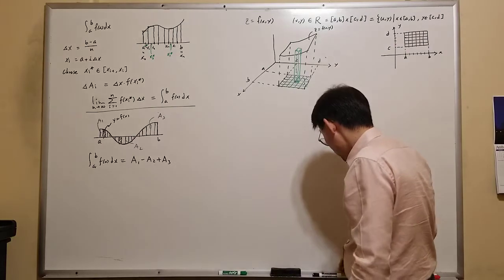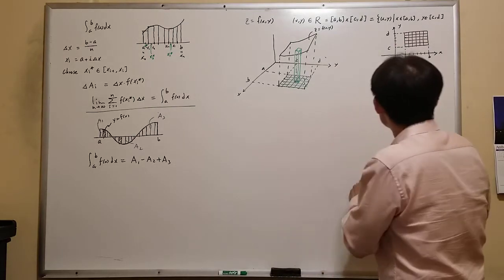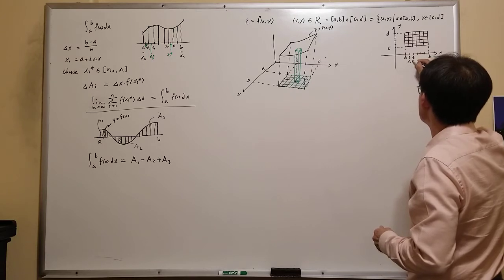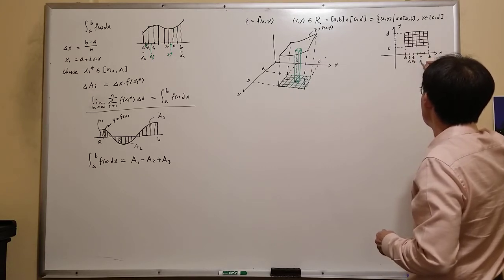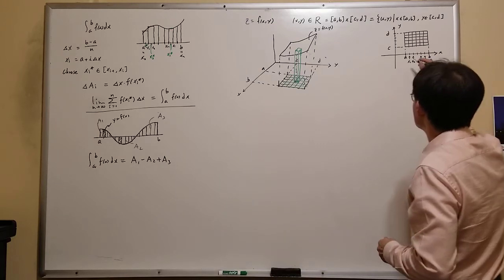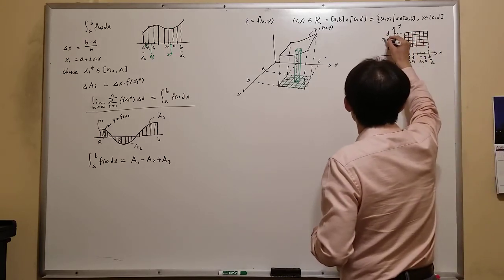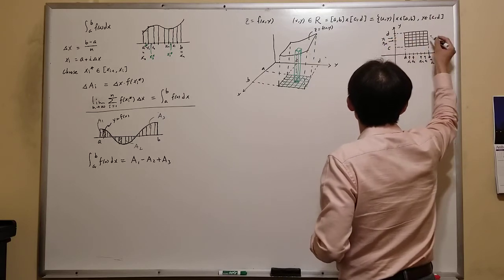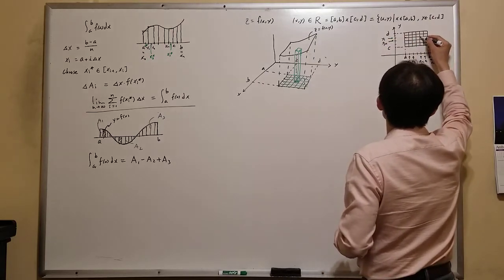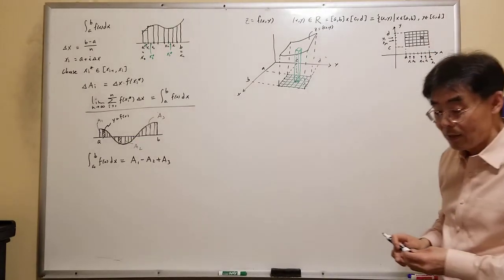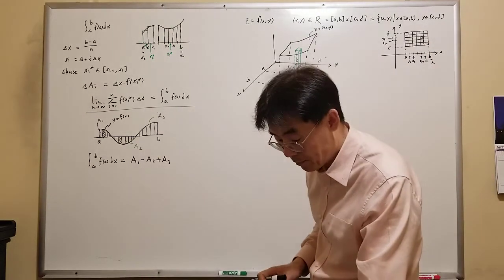So what we do here is, this is x1, x2. Let's say this is x i minus 1, this is x i, this is x n. Let's say this is y j minus 1. So this will be the ijth subrectangle, all right?